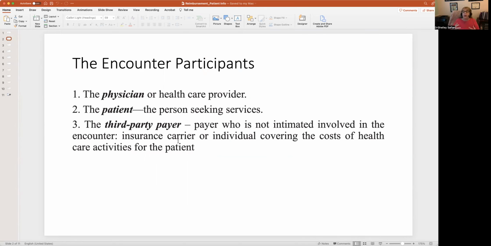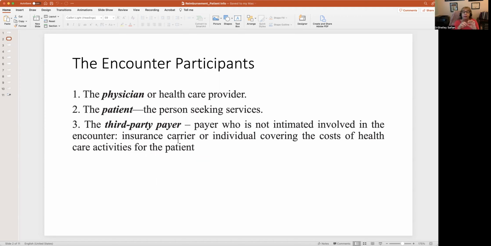You may see it the other way around. But without these two components, the patient and the physician, we don't have an encounter.